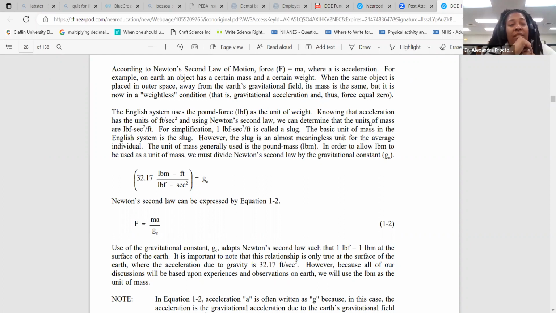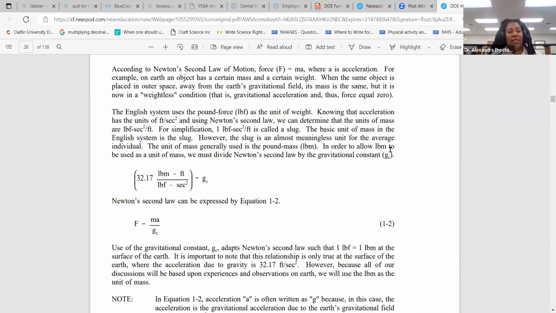The English system uses lbf, that's pound force, as the unit of weight. Knowing that the acceleration has units of feet per second squared, and using Newton's second law, we can determine that the units of mass are what?